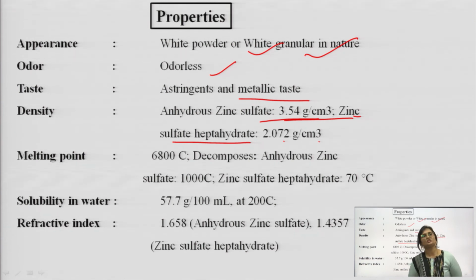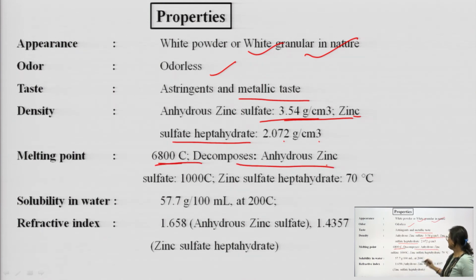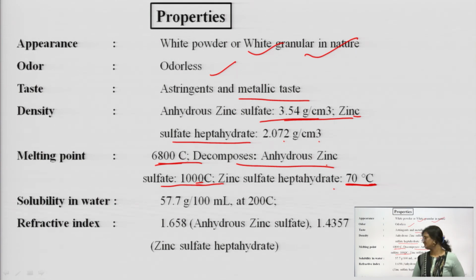The melting point of zinc sulphate is 680 degrees Celsius, where it decomposes. Anhydrous zinc sulphate has a melting point of 1000 degrees Celsius. Zinc sulphate heptahydrate has a melting point of 70 degrees Celsius.